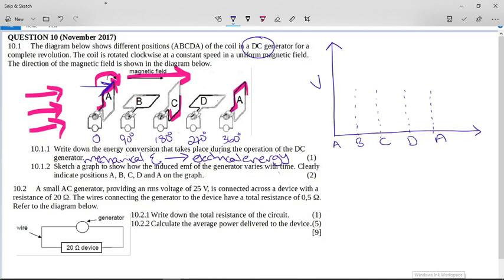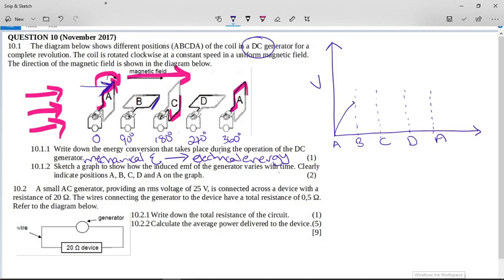So there's actually going to be no EMF. And where will we cut the most field lines? We will cut the most field lines as the coil comes down to this position B, because we will be just swiping through all of the field lines. So the current, the voltage, will be at a maximum in position B.